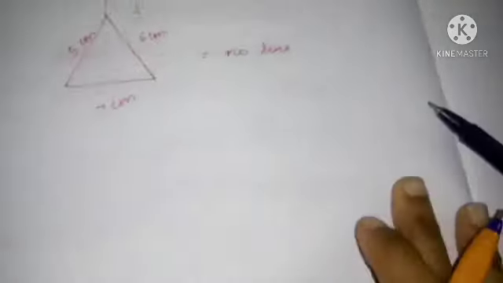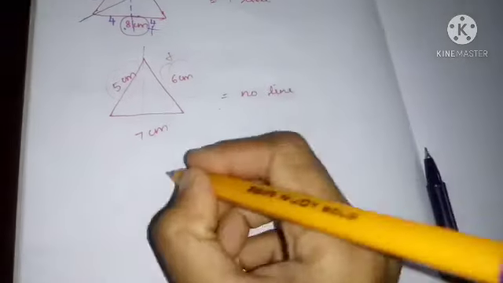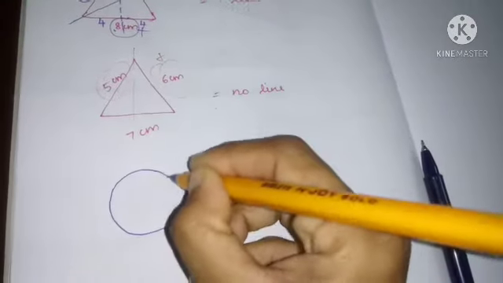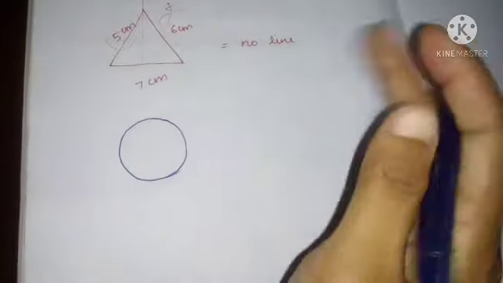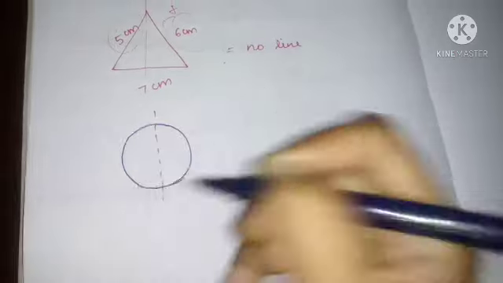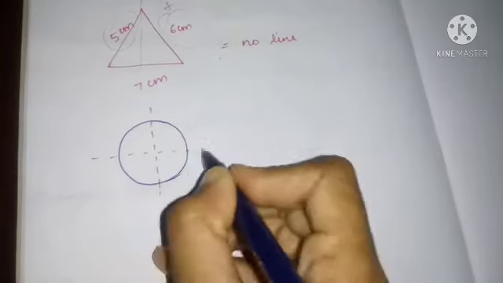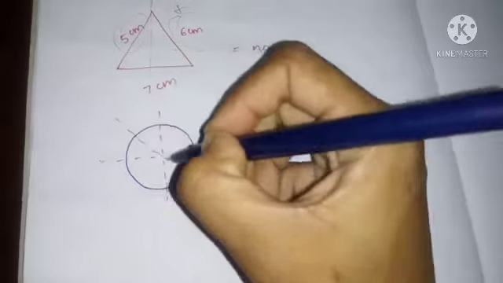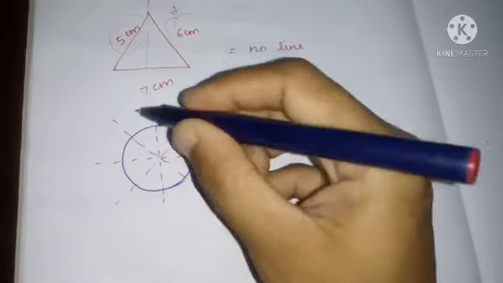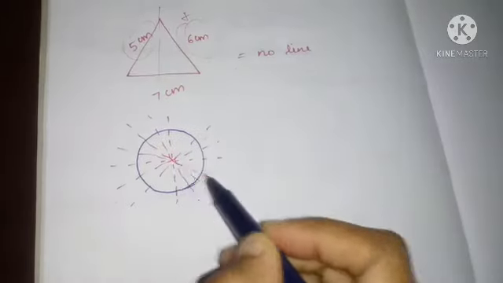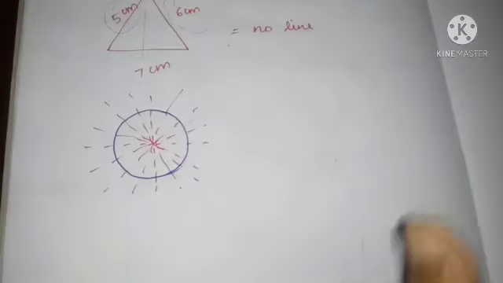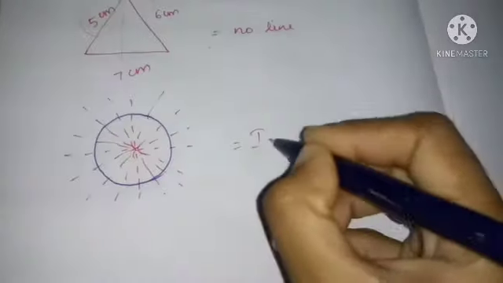Next, circle. Circle, it is different, but it is easy. One line I have drawn. Second line I have drawn. It is symmetrical. Third, fourth, fifth. How many lines you want, you can draw. So a circle will have infinite lines of symmetry.